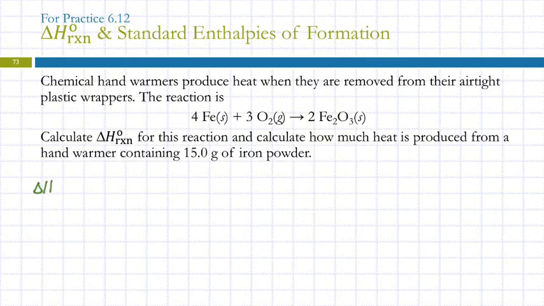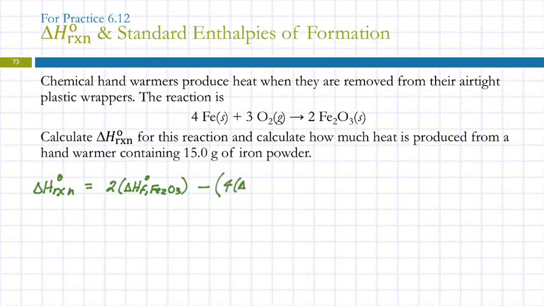So the standard heat of reaction for this, we can calculate that by taking the heats of formation for the products and subtracting the heats of formation for the reactants. So I've got 2 moles of iron 3 oxide. That's my only product, and then I'm going to subtract the heats of formation for the reactants.